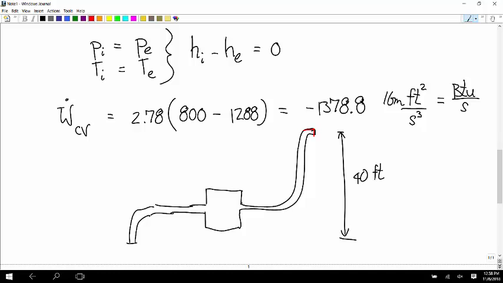So our system is this, and it's plugged in somewhere, and that cord is delivering power. It's delivering work into the system. Positive W or positive W dot for the first law is work being done by the system. This is work coming in, so that has to be negative.